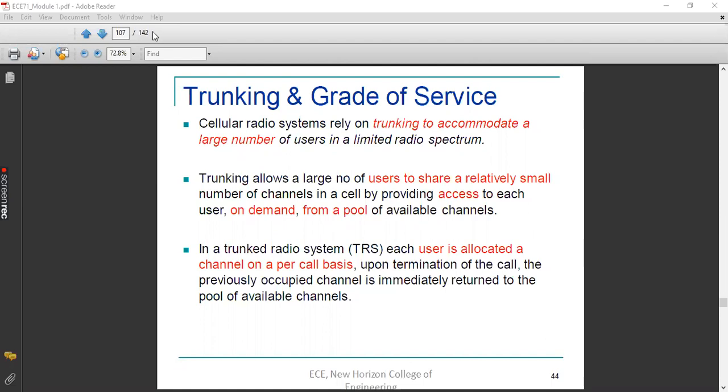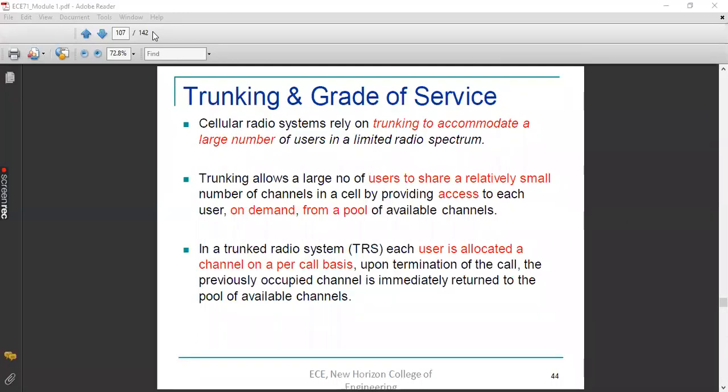Then the mobile switching center won't be able to provide a service to the new subscriber because all the channels are now in the busy stage. They are in service. Other calls are in progress. In that particular situation, a call can be blocked or it can be delayed.